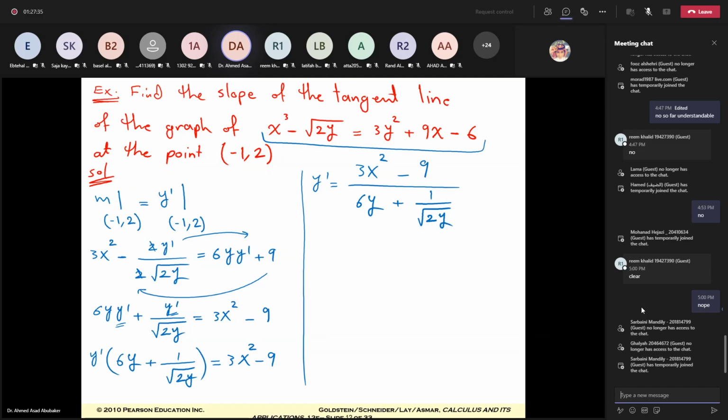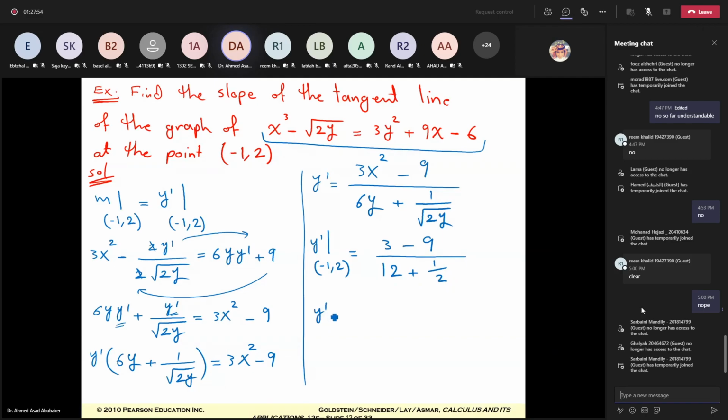Now substitute the point (-1, 2) in y′. We have (3 minus 9) over (12 plus 1 over √4, which equals 2).